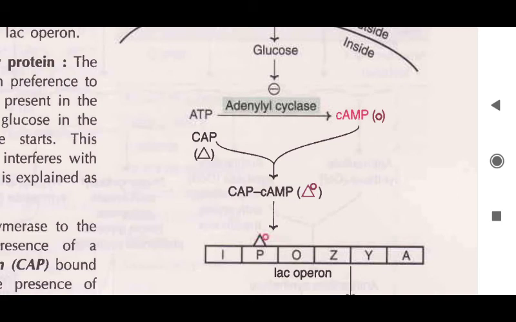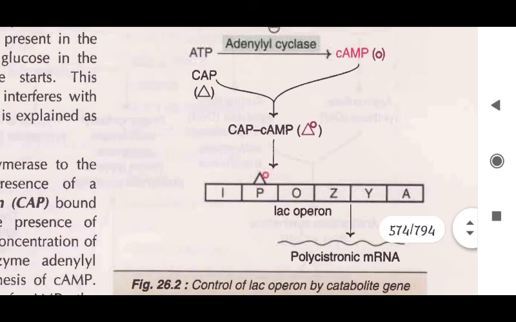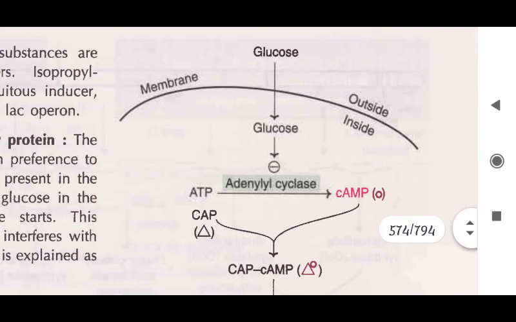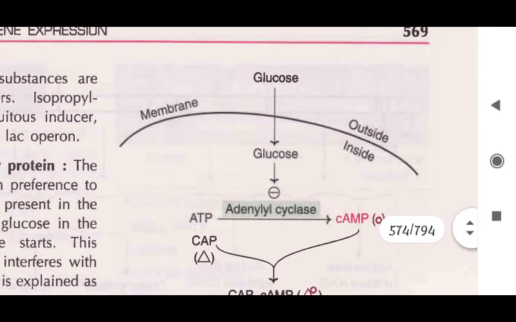As a result, RNA polymerase cannot bind to the promoter, and the lac operon turns off. So indirectly, glucose is acting as a repressor, inhibiting the lac operon.